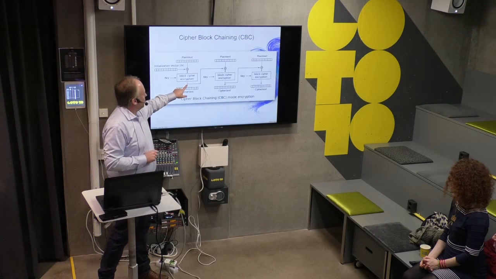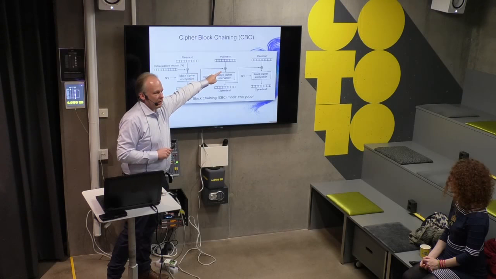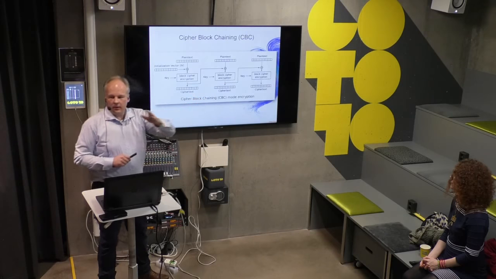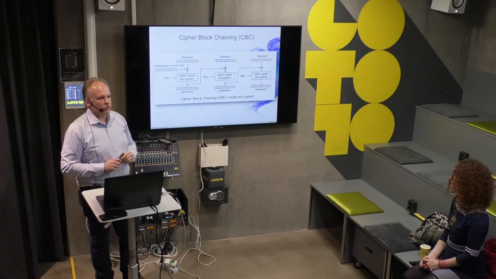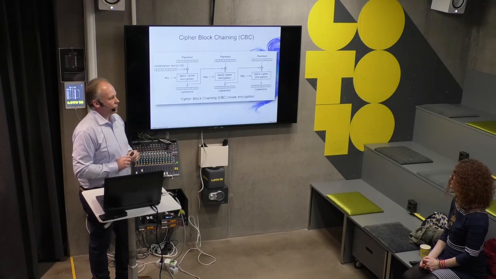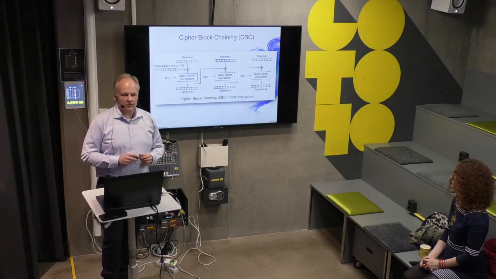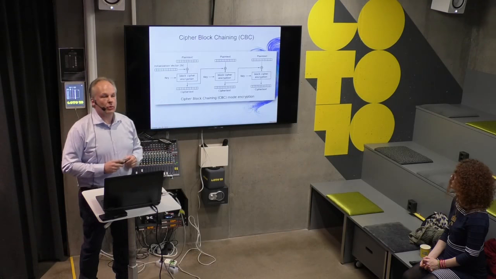But that encrypted block is used as the initiation vector of the next block, and so on. So you have connected a chain of blocks. And so you cannot see any pattern, for instance, at least visually.